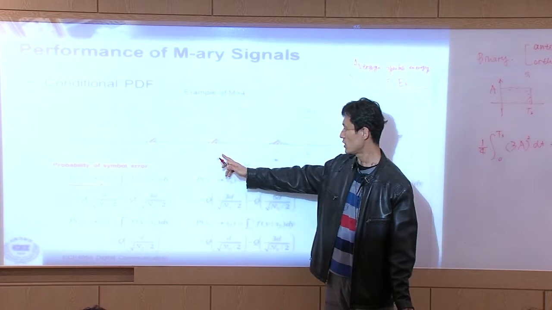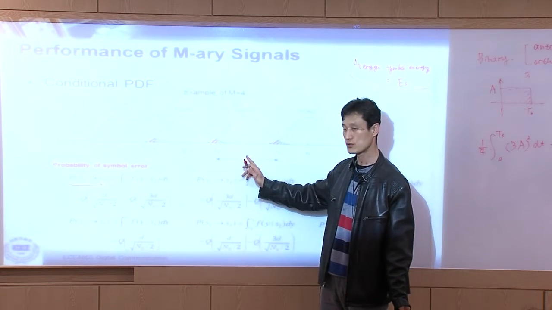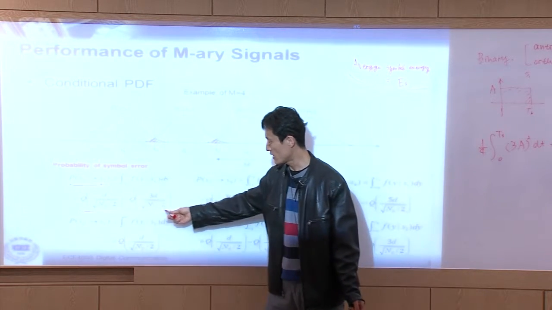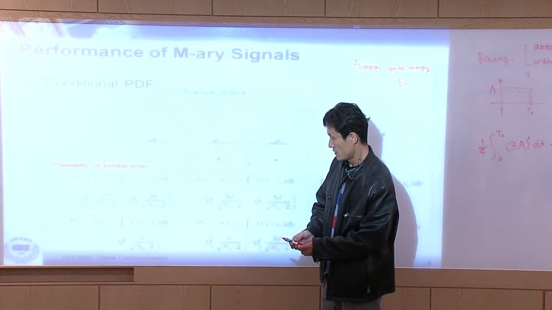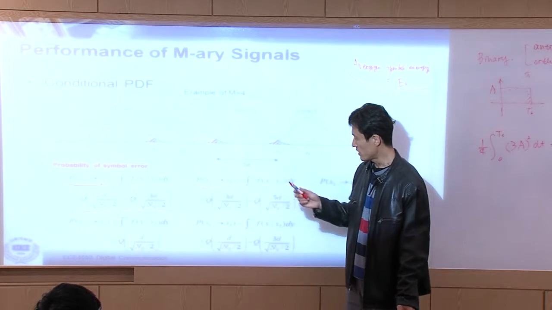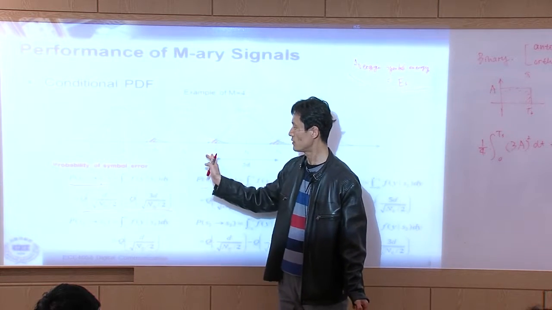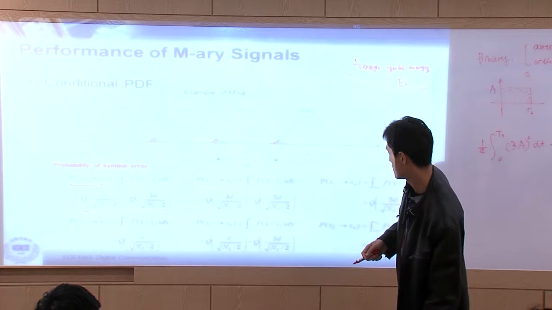So we are integrating between lambda 1 to lambda 2 because that's the region for S2. And as we said, it's going to be a Q function minus another Q function. Same for S1 to S3. We are integrating between these two now because that's the region for S3, right?